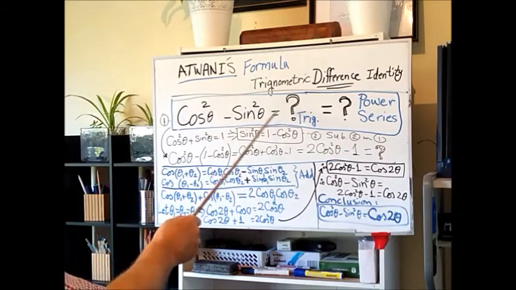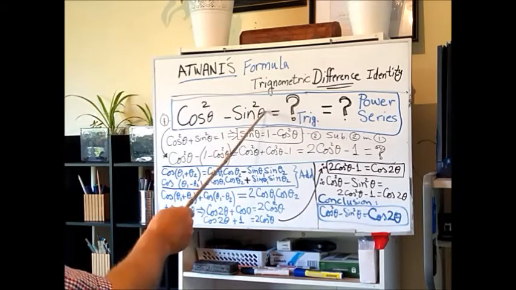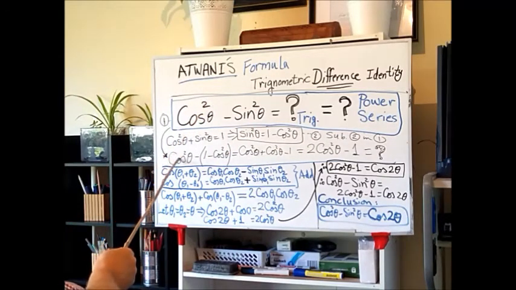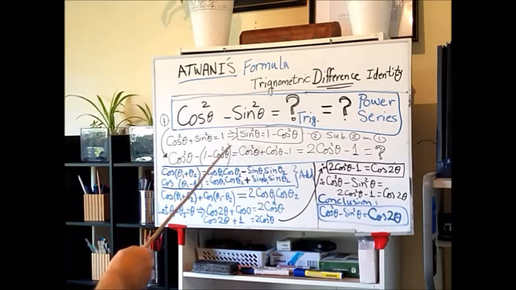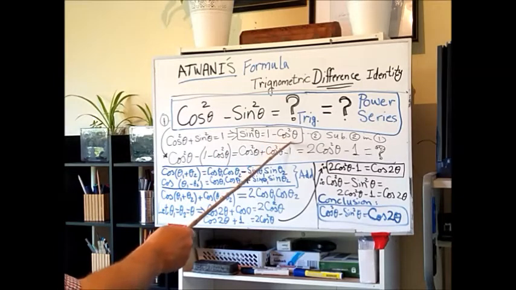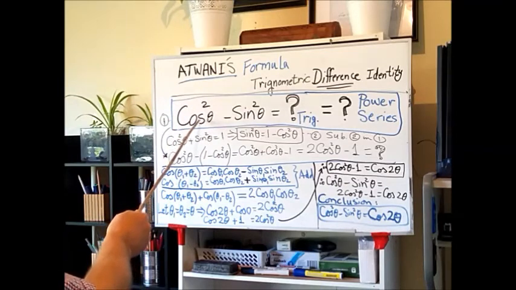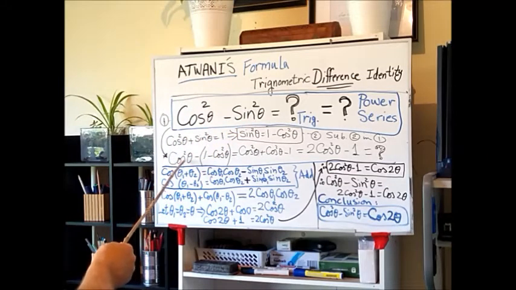Let's call this 1. So by substituting, we get cosine square theta minus, instead of sine square theta, we put 1 minus cosine square theta. So this expression for the difference, cosine square theta minus sine square theta, becomes like this.